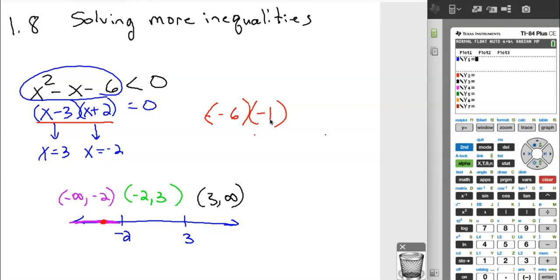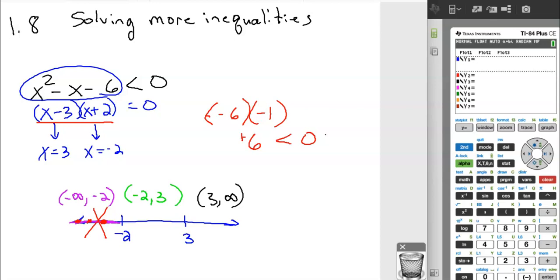If I multiply that together, that's positive 6. And is positive 6 less than 0? No, it's not. So those numbers over there will not work.